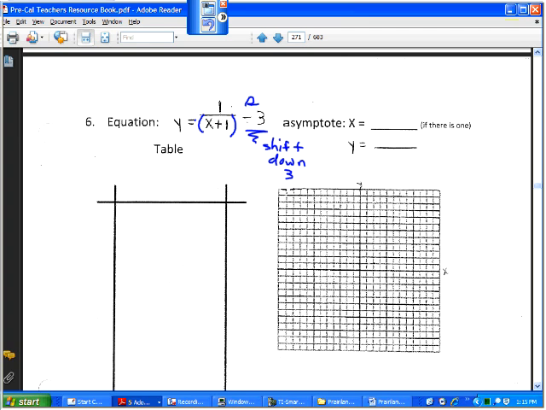Now, if it shifts down 3, and don't draw this, but we had a horizontal asymptote here, which is y equals 0, right? If it shifts down 3, it makes the horizontal asymptote here. And we do want to draw the second one. So that means we're going to have a horizontal asymptote at y equals negative 3.